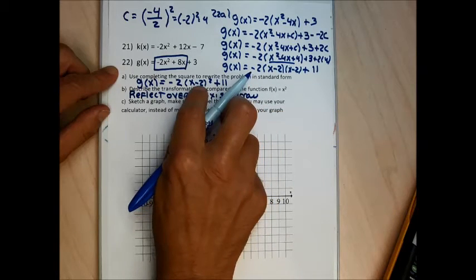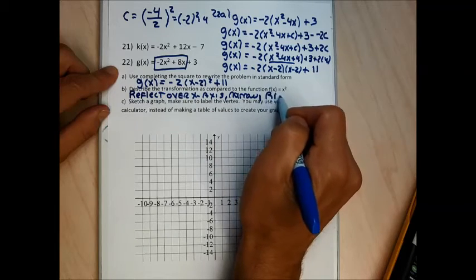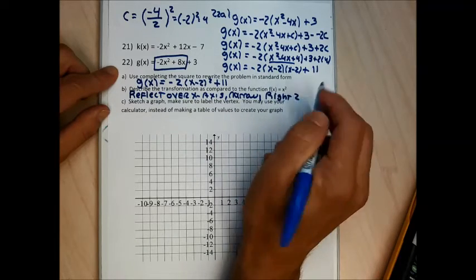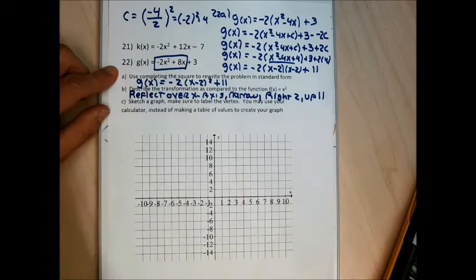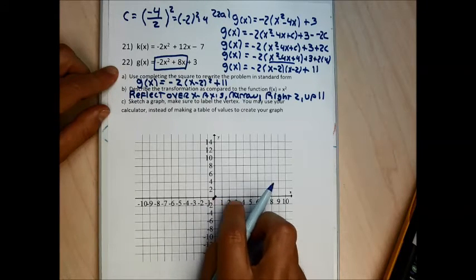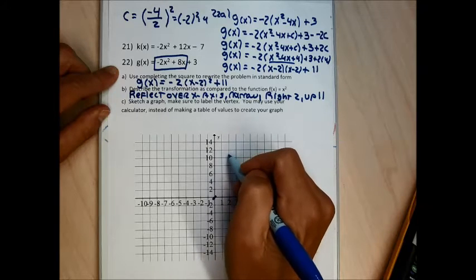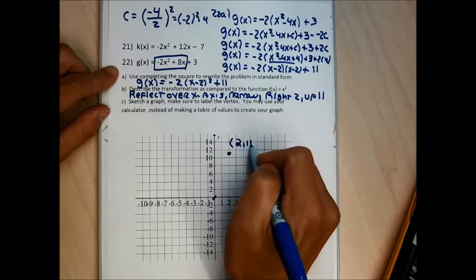The minus 2 inside the parentheses is going to make it go right 2. And the plus 11 is going to make it go up 11. The narrow part and the reflecting I can't do so well, but if I take the point 0, 0 and move it right 2 and up 11, I'm going to get to the vertex. The vertex of this is going to be at the point 2, 11.